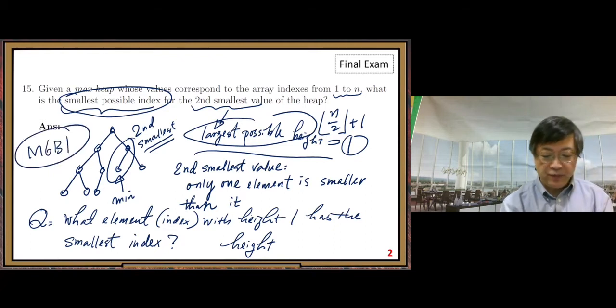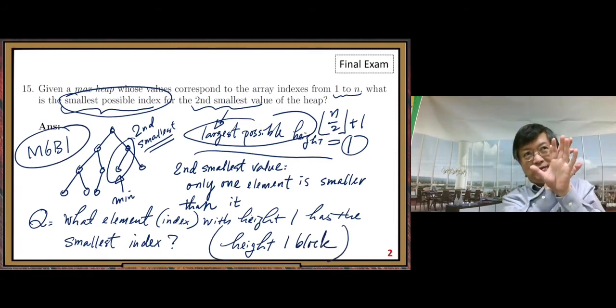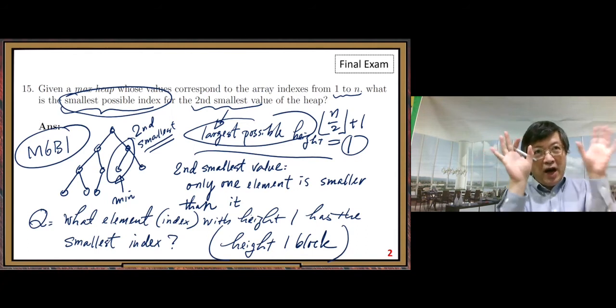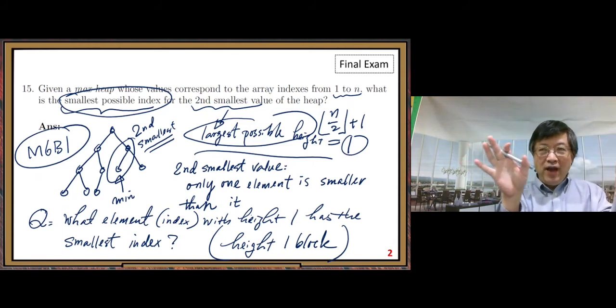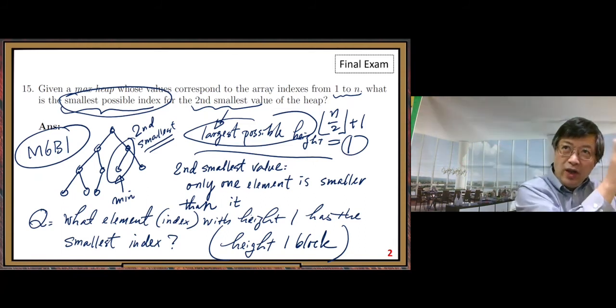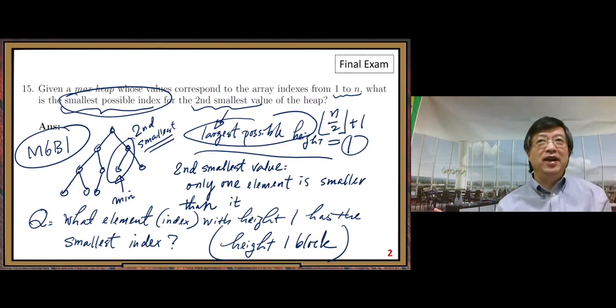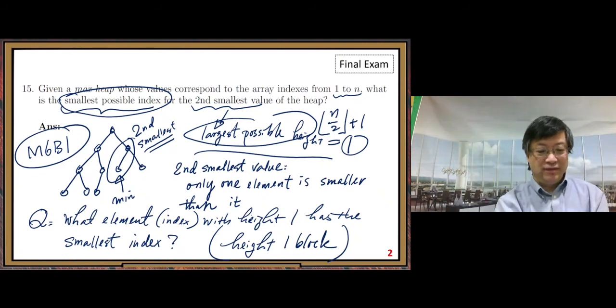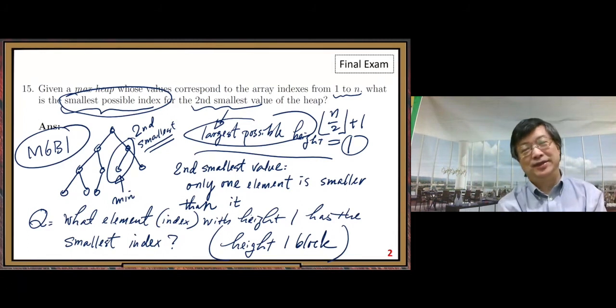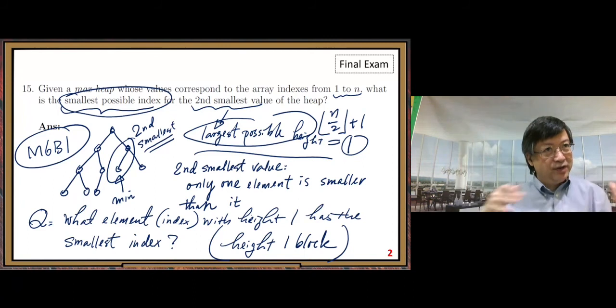Look at that video, the height 1 block. So you know what the indices for the height 1 block are. That's the range. The range is given. Then which index in that block is the smallest? Then you get the answer. So this is the whole analysis for that question. Hope you can understand this whole story.